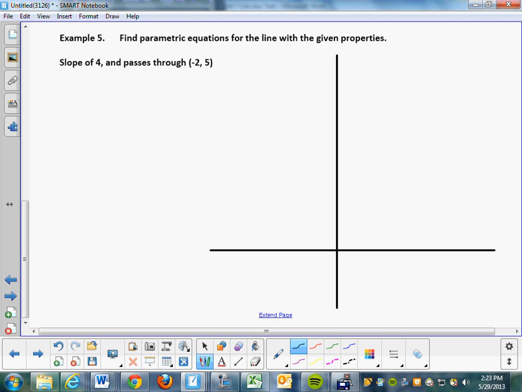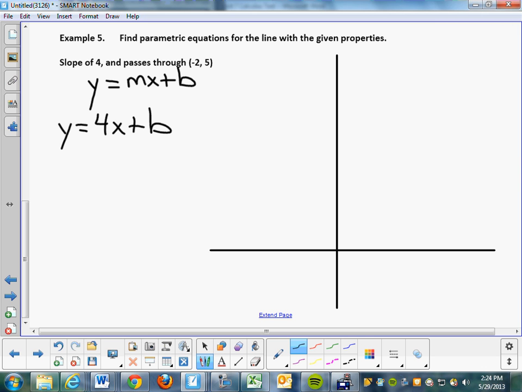Now, when you write an equation for a line with a slope of 4 and passing through negative 2, 5, can you write it in this form? Do you know how to do that? We should. Yep, this is algebra, 9th grade, 8th grade. So what I'm going to do is plug in my slope, which is 4. I have to solve for b.